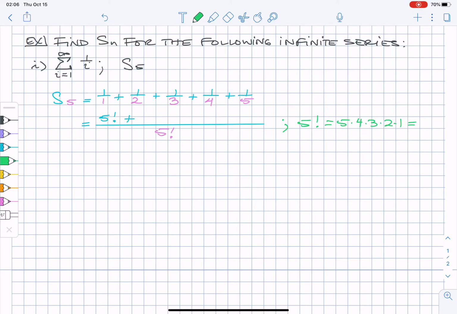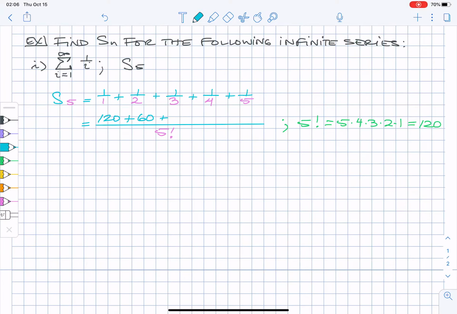So 3 times 2 is 6, 6 times 4 is 24, and 5 times 24 is 120. Okay, so what is 120 divided by 2? Well, I claim that that's 60. And in fact, let me go ahead and just rewrite the first term as 120.